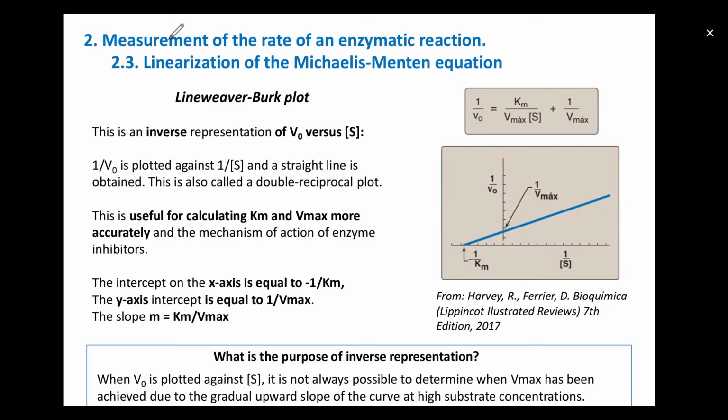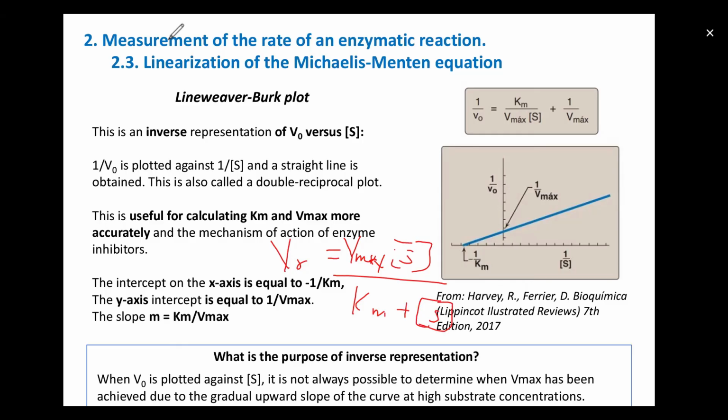Remember that the formula is V naught equals V max times substrate concentration all over Km plus substrate concentration.